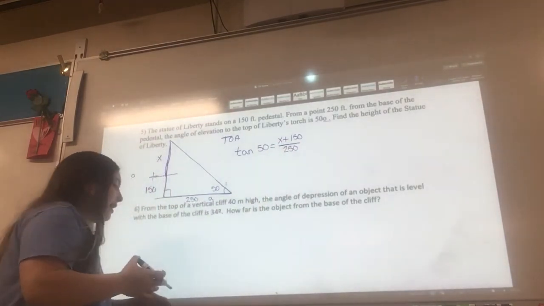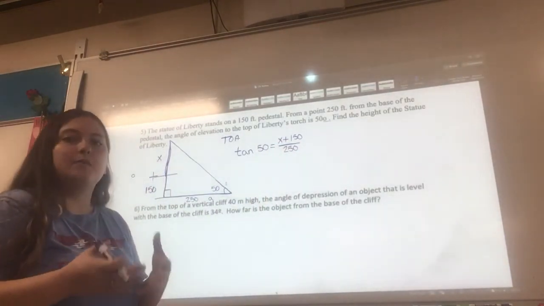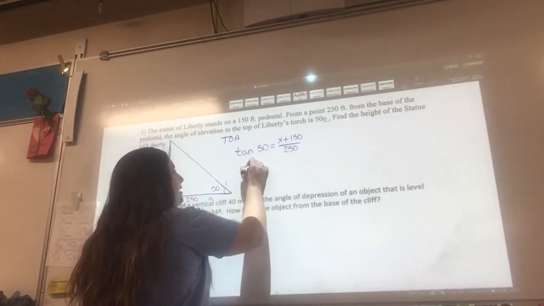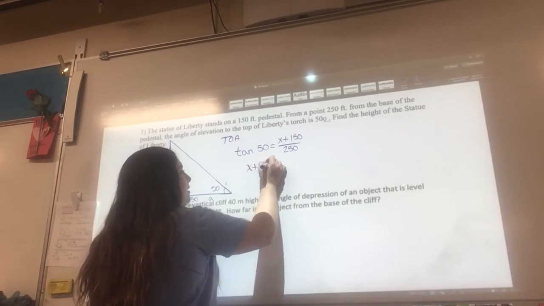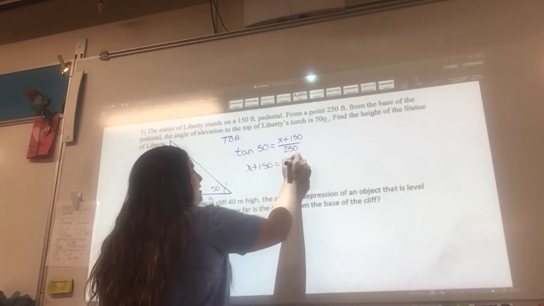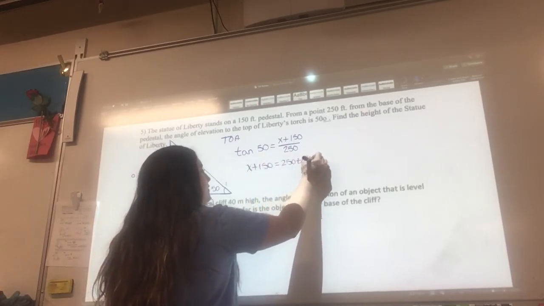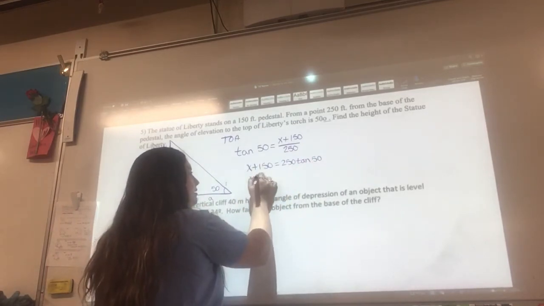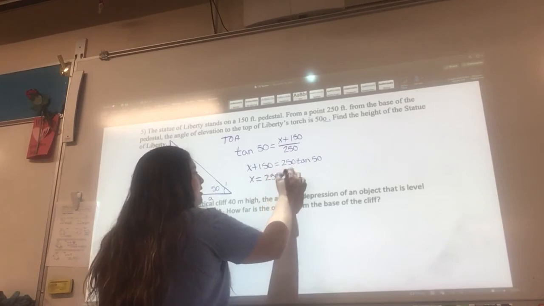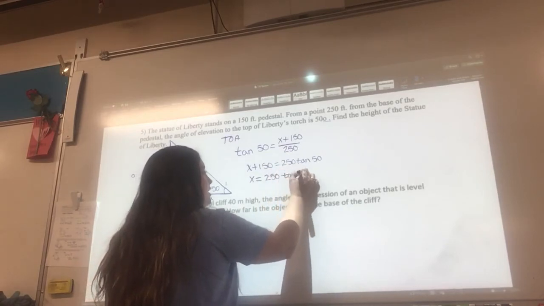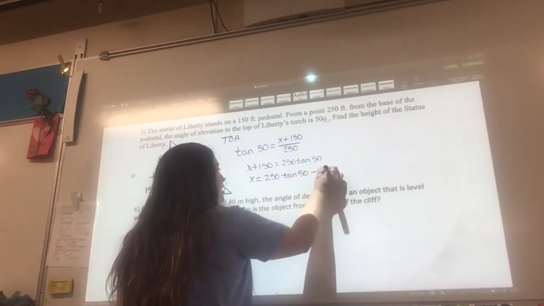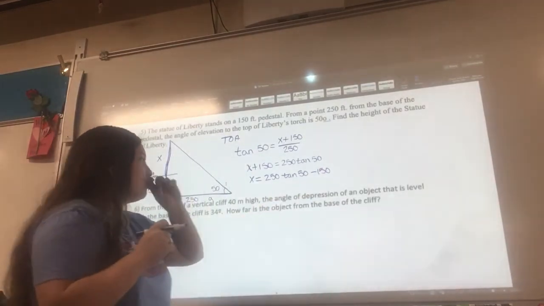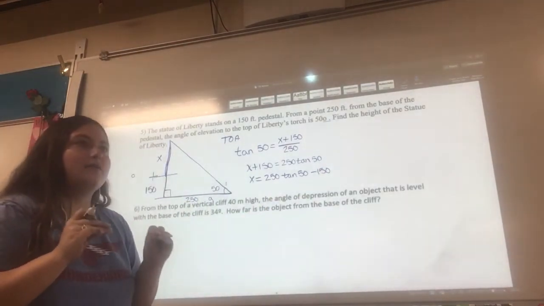Okay, we solve for x. It's just cross multiplication once again. So we cross multiply, we're going to see x plus 150 equals 250 times tangent of 50, meaning we need to subtract 150 from both sides. So we're going to get 250 tangent of 50 minus 150. So this one again is going to be a little tricky to put in your calculator if you're using your iPad.